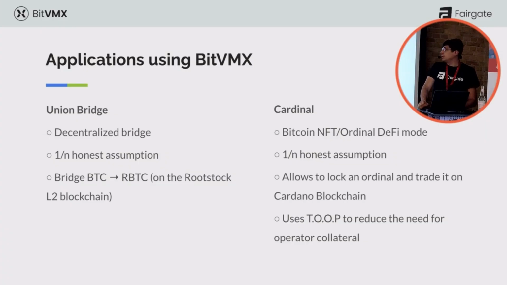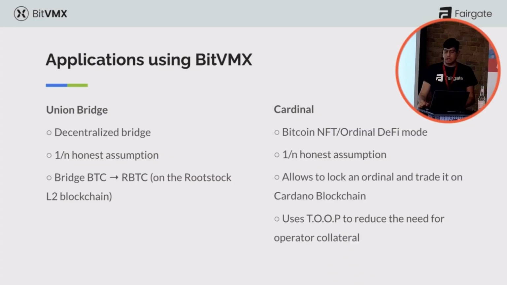On the other side, we have the Cardinal application, which allows us to move ordinals from Bitcoin to Cardano. These ordinals are considered like NFTs for Bitcoin. So this was a major milestone for us. Again, we only need at least one participant to be honest, which makes it a trust-minimized bridge. That is great again.